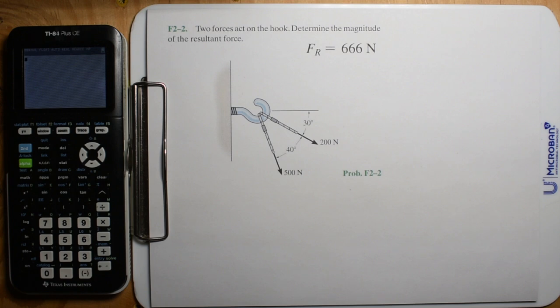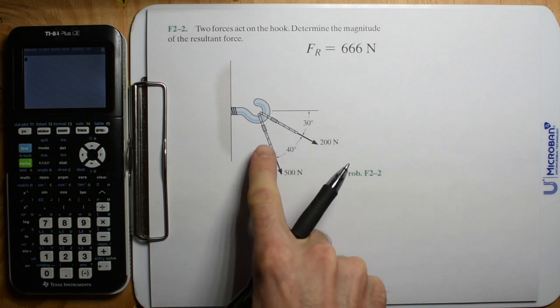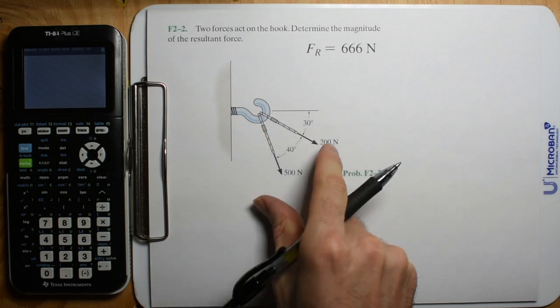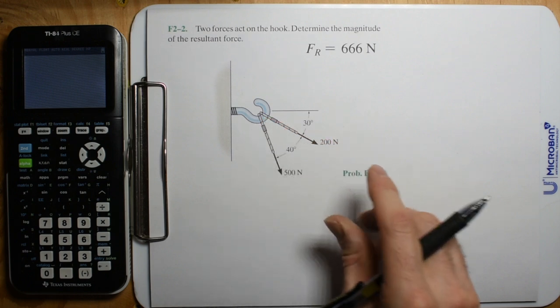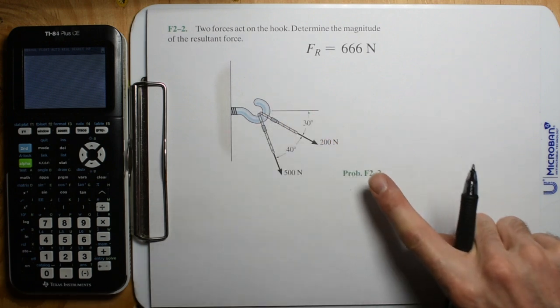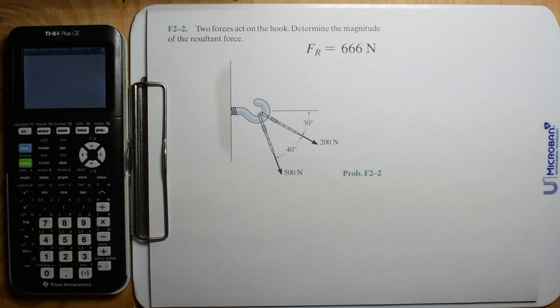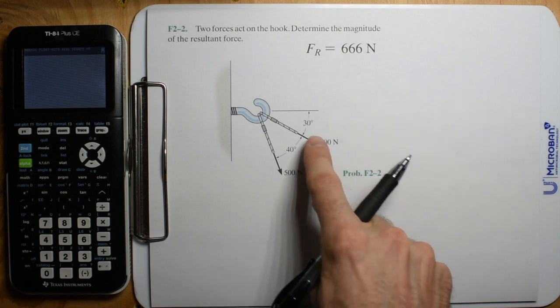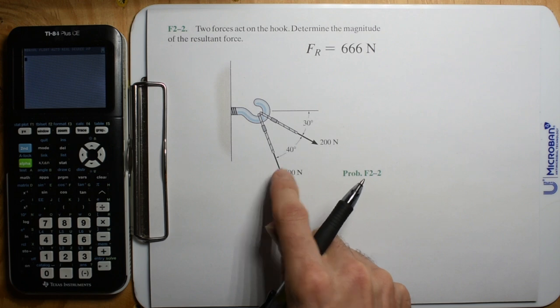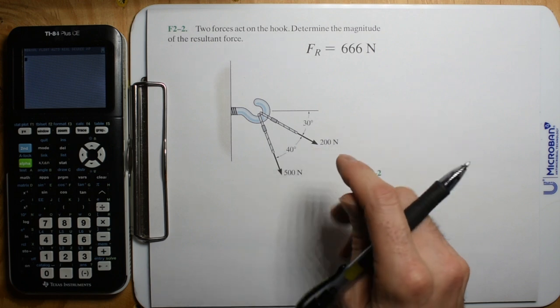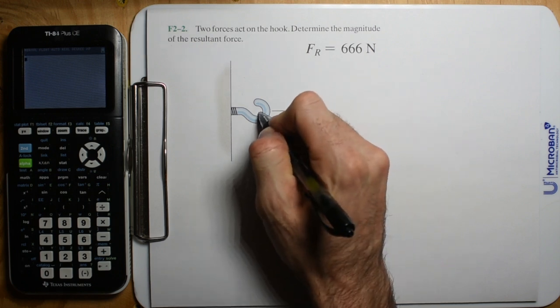I'm just going to do a quick overview before we tackle this problem, because this is ropes, and ropes can have tension only. So these forces can only have a positive magnitude. You can't push on a rope, and a lot of these questions are like, if I'm pulling with a force over here and pulling with a force over there, they want to know the result, pulling from a specific point.